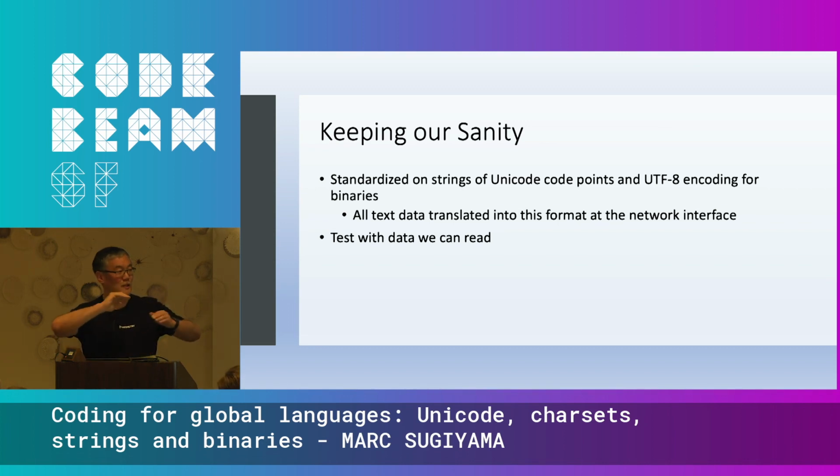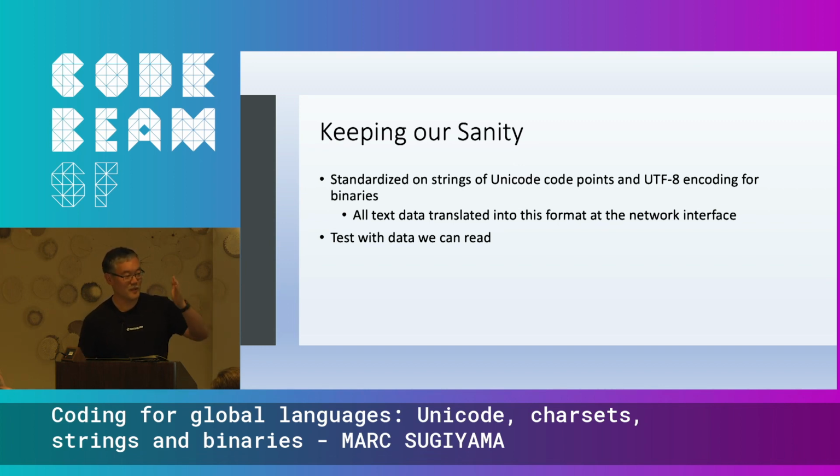There's no clear layering of that, which is itself a problem and leads to a lot of runtime errors. But we decided, at least for this portion of it, that when we read the data off the network and we're decoding it, it will be either strings of Unicode code points or UTF-8 binaries, right?